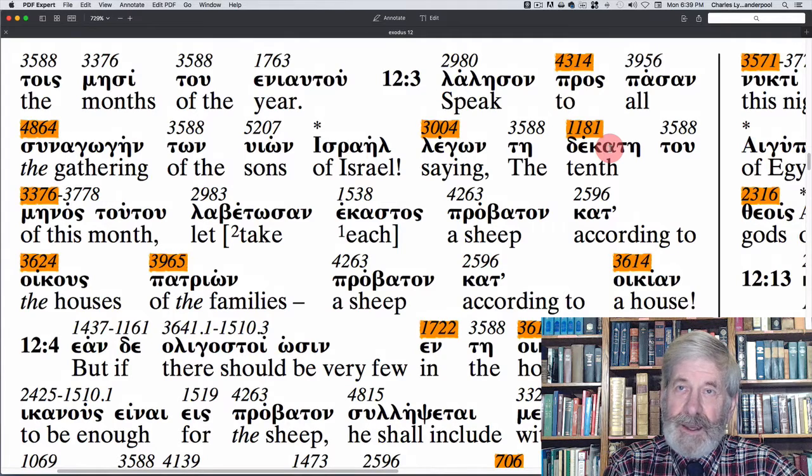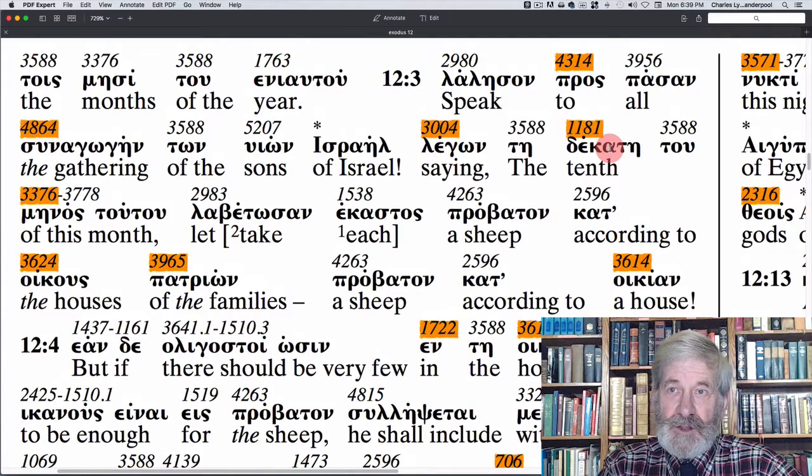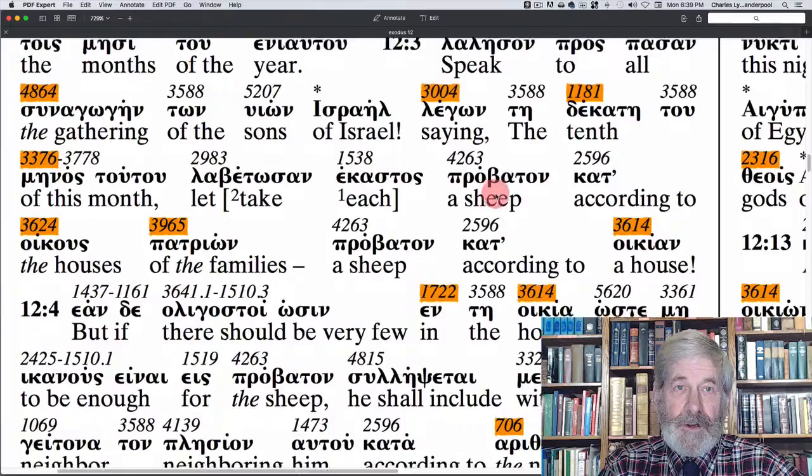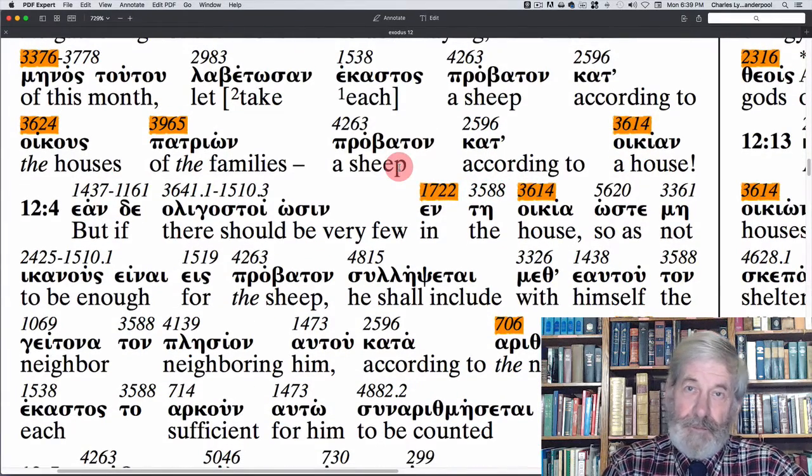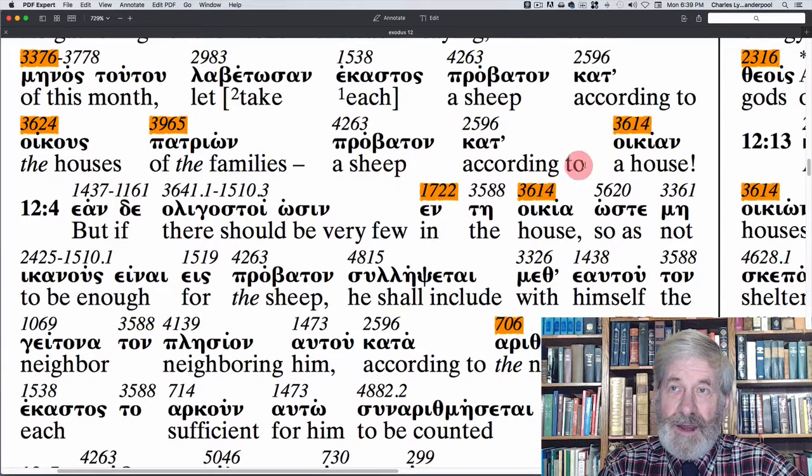And so when it's saying take of the provaton, it could be taking of these animals, of the cattle, a sheep, a cattle, according to the houses of the family. One cattle according to a house.